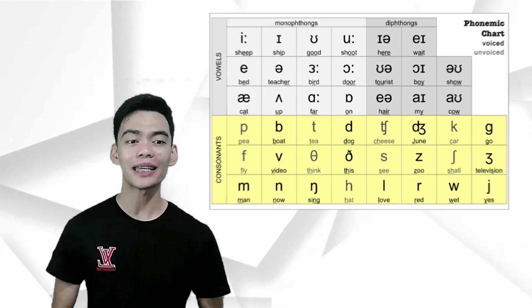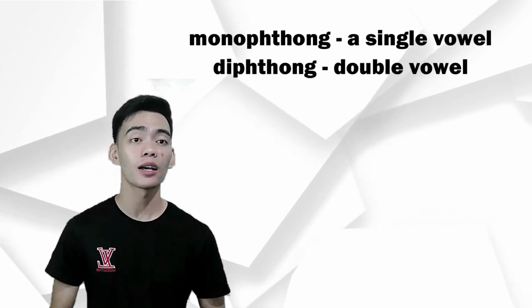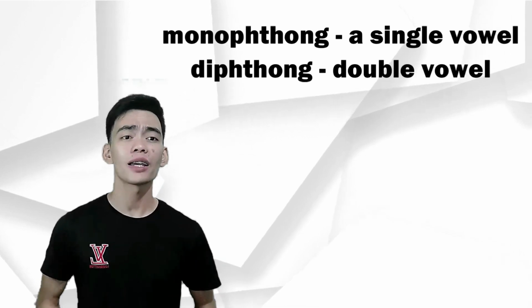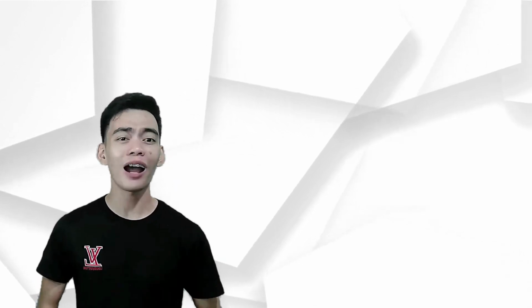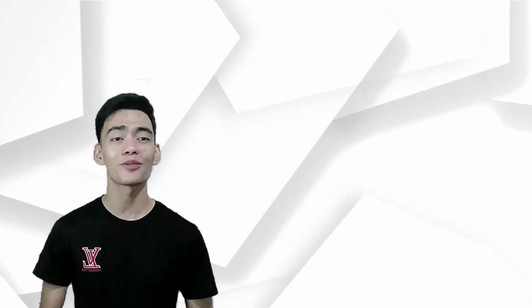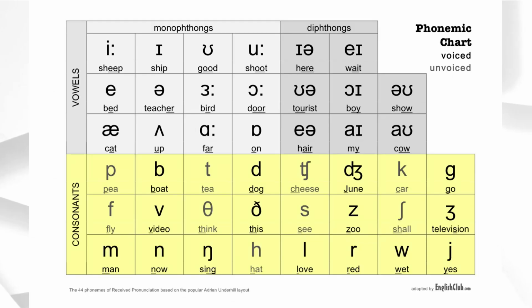To put it simply, a monophthong is a single vowel and a diphthong is a double vowel. A monophthong is where there is one vowel sound in a syllable, and a diphthong is where there are two vowel sounds in a syllable. As shown in this chart, vowels are divided into monophthongs and diphthongs.